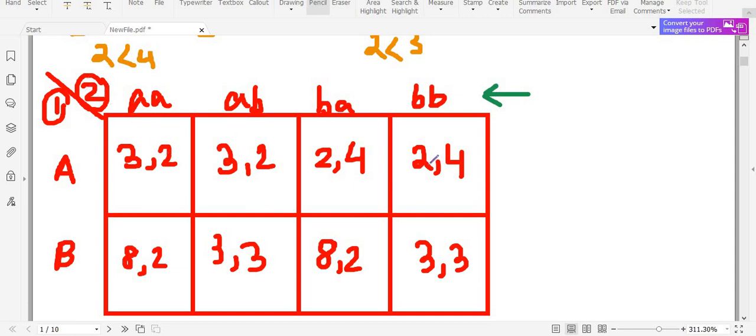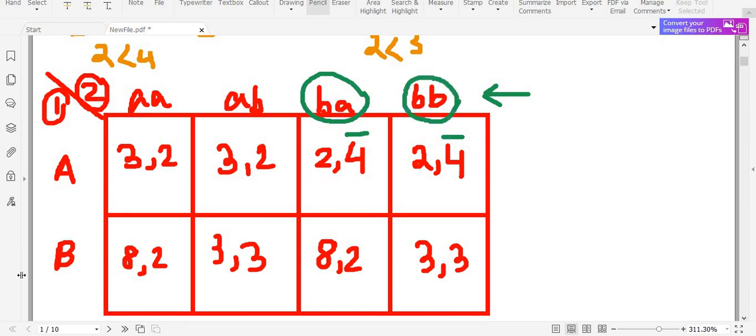Player 2 will look at the second numbers of the first row, so player 2 will look at 2, 2, 4 and 4. Player 2 realizes that 4 is greater than 2, so it will choose 4 and 4 from here because that is greater than 2 comma 2. That is, if player 1 chooses capital A, player 2 will have a greater inclination of choosing this strategy.